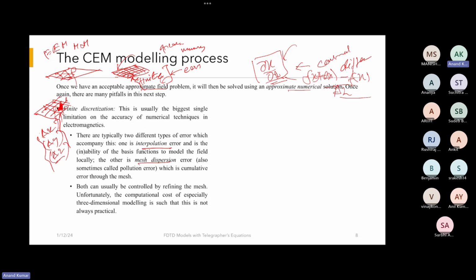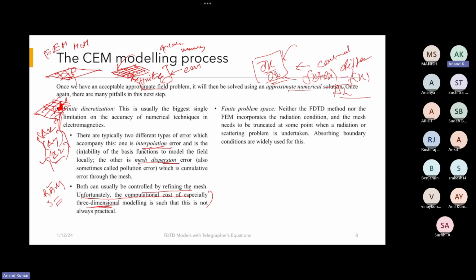So both the interpolation error and the mesh dispersion error can be controlled by refining the mesh, but unfortunately the computational cost will become very large, especially if it is a 3D problem. As you increase the density of the mesh, it will require much more RAM and ROM and everything from the computer's aspect.